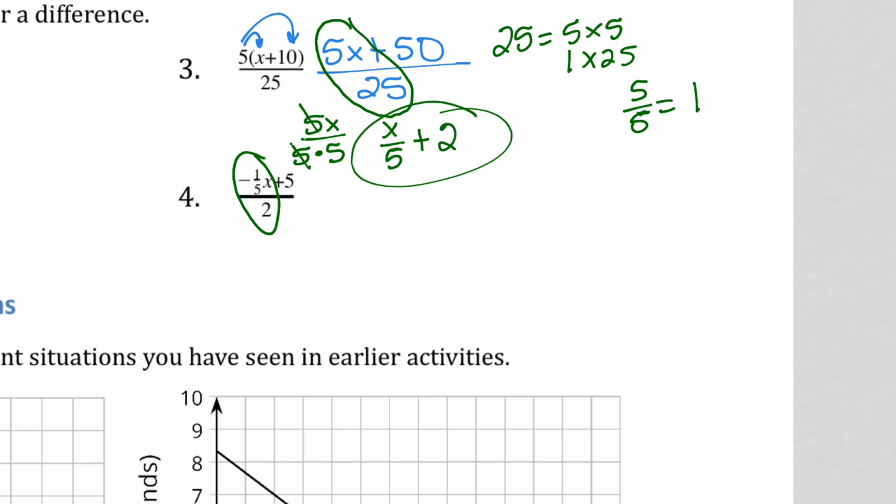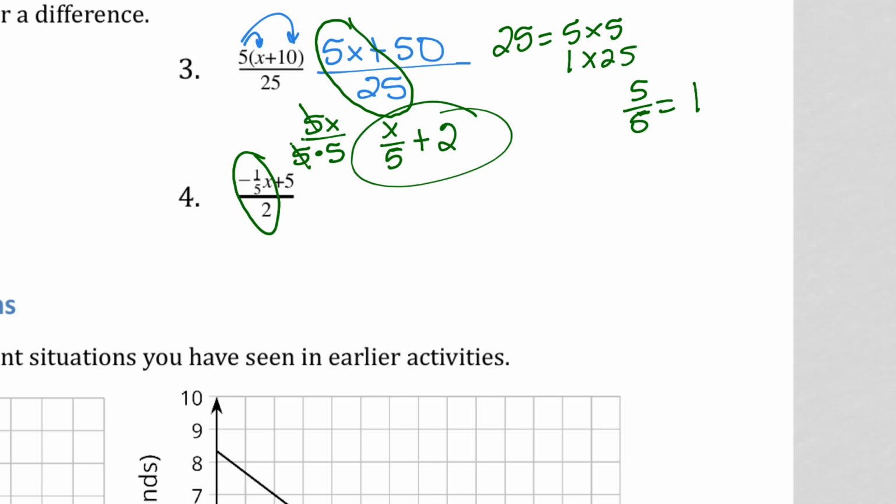Didn't you say like to do something? I forgot. What do you do whenever you're dividing a fraction? Keep, change, flip. Do you guys do that? I think everybody does that, yes.